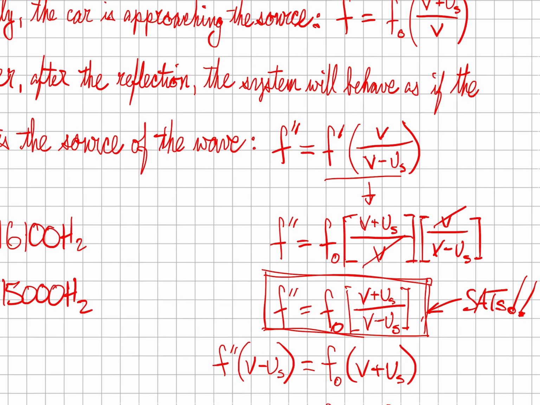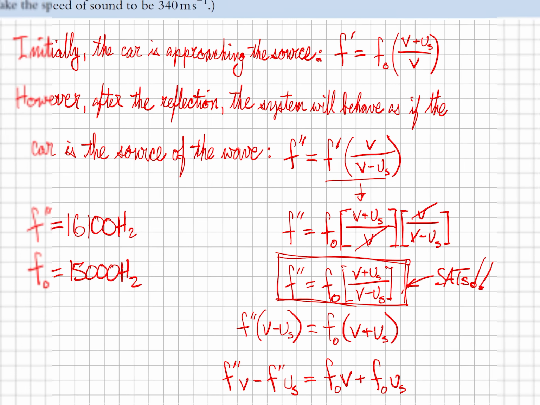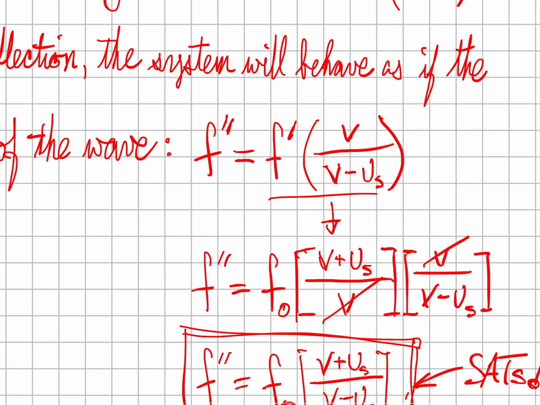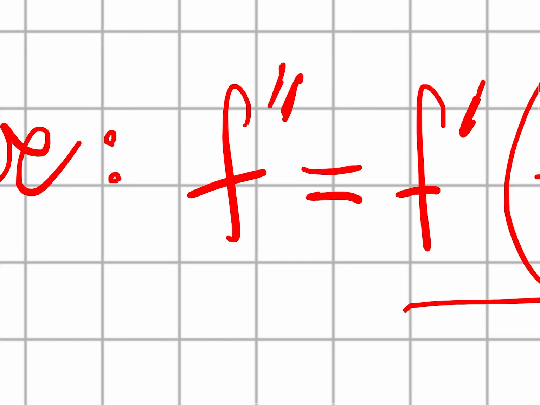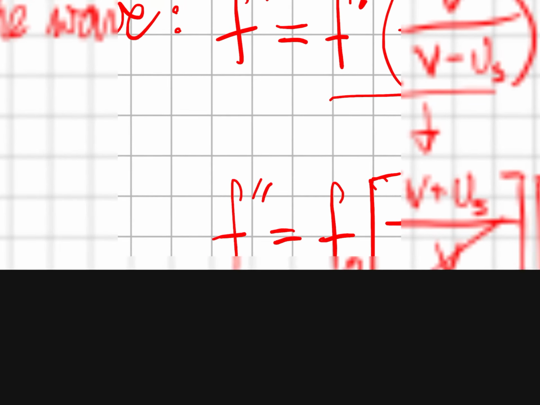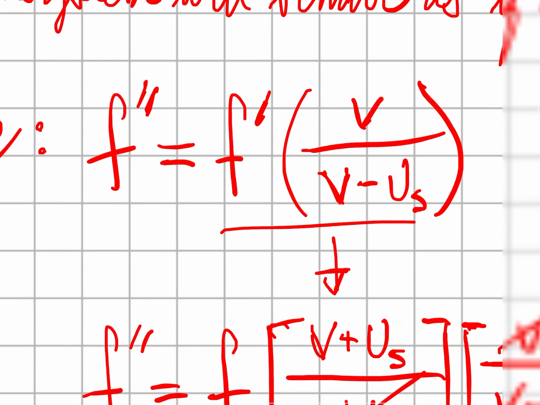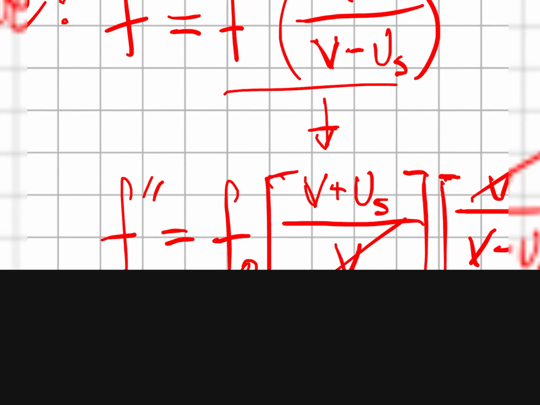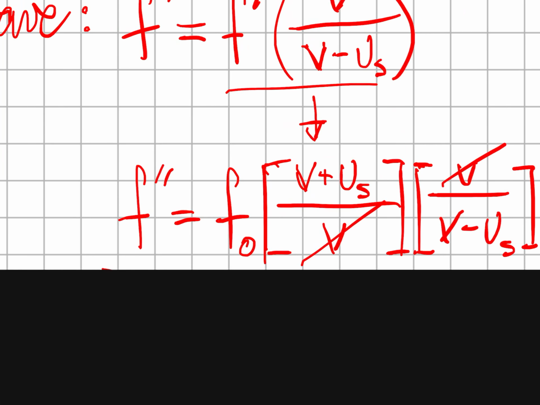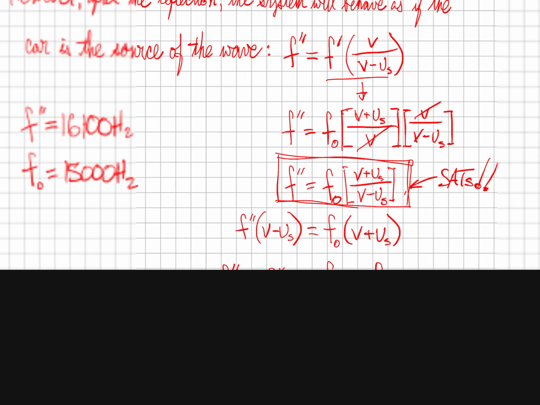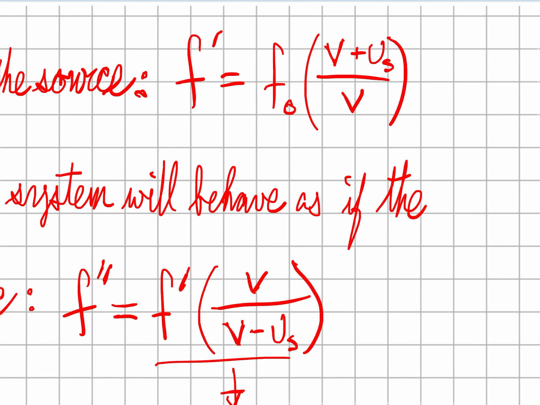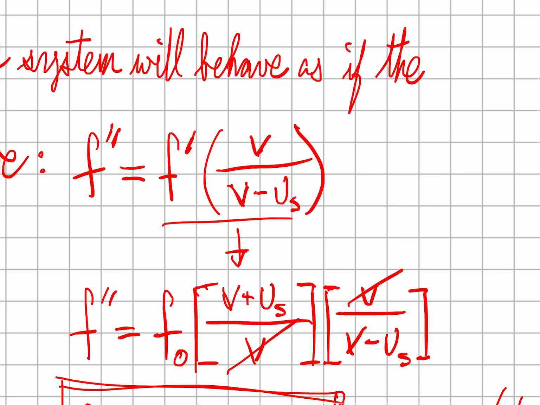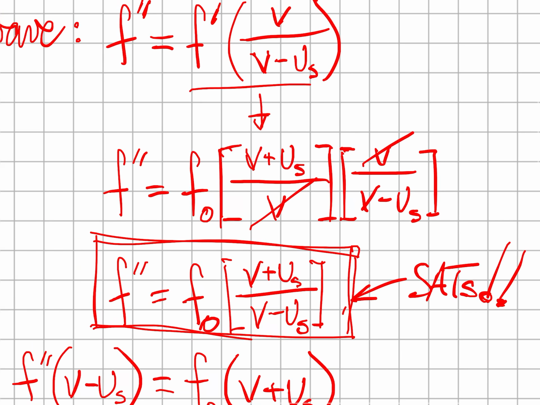And this is where things get interesting. So I have designated our now twice shifted frequency as F double prime. Our initially shifted frequency, remember, is given by F prime. And we have the equations for both now, and we just need to do a little bit of substitution here. And there it is.